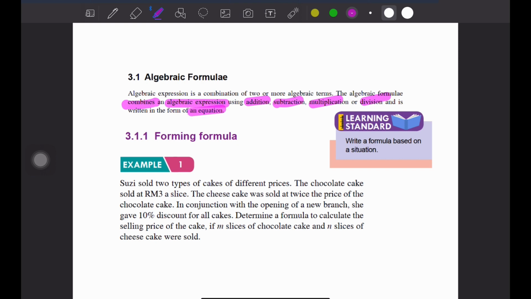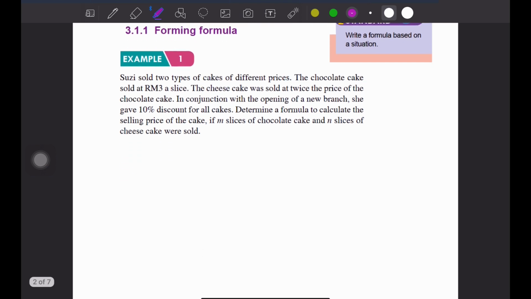Let's look at the first example. Susie sold two types of cakes of different prices. The first one is chocolate cake sold at RM3 a slice. The cheesecake was sold at twice the price of chocolate cake. In conjunction with the opening of the new branch, she gave a 10% discount for all cakes.